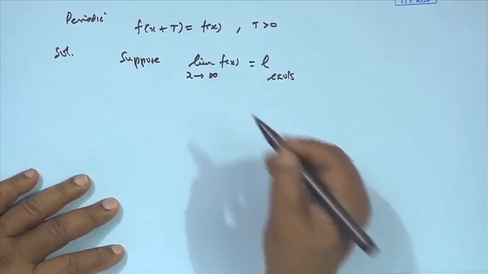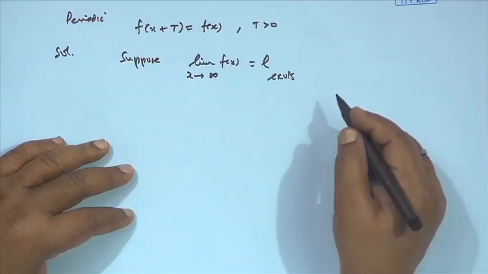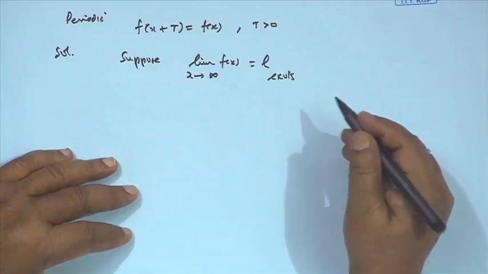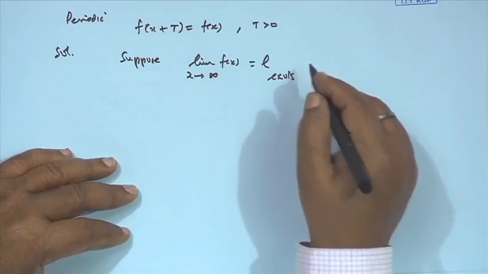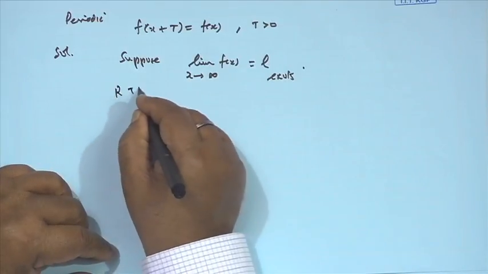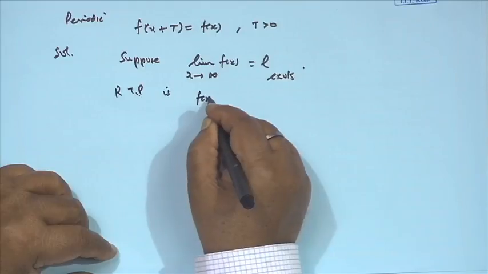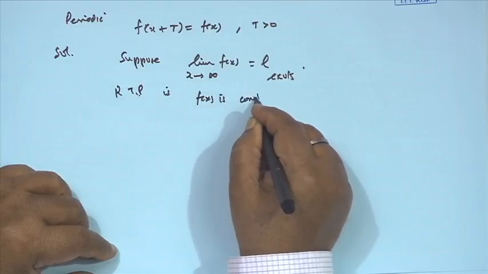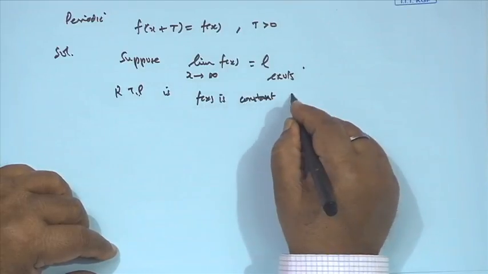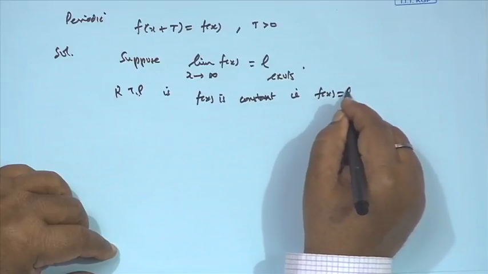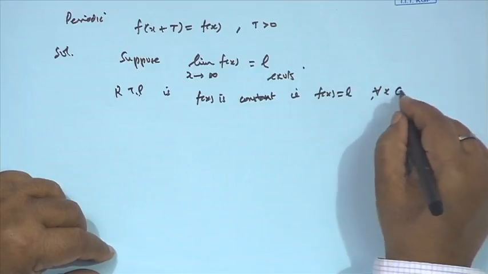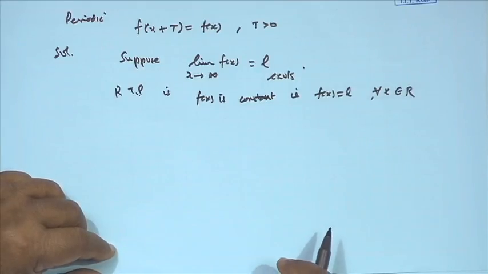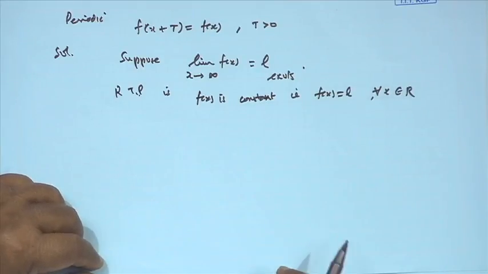If this limit exists, then what is required to prove is that f(x) is a constant function. That is, we want f(x) = L for every x belonging to R. If the limit exists, the function will be a constant function.